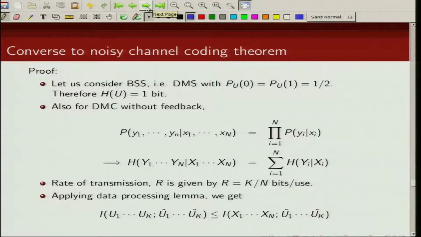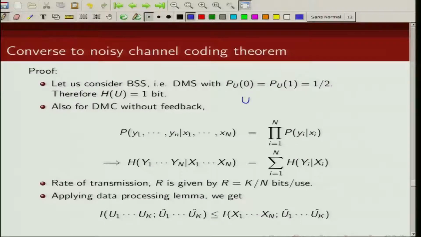So we are going to first apply the data processing lemma. What does the data processing lemma say? That further processing of data does not increase information. So we had u, x, y and u hat forming a Markov chain.